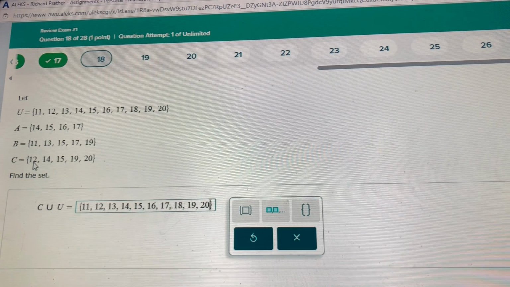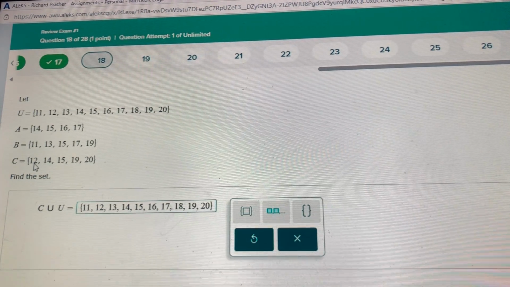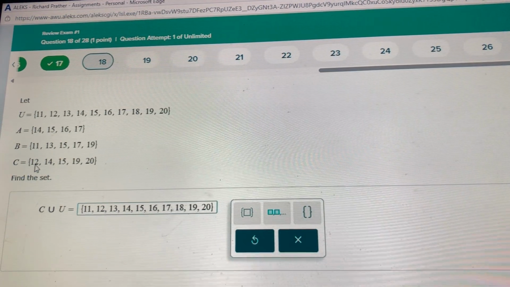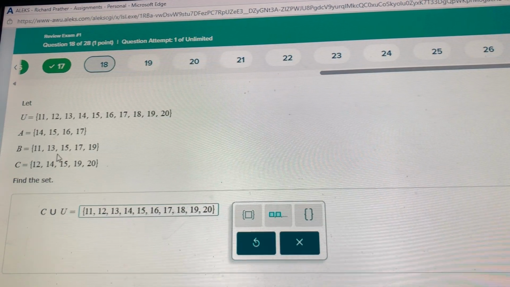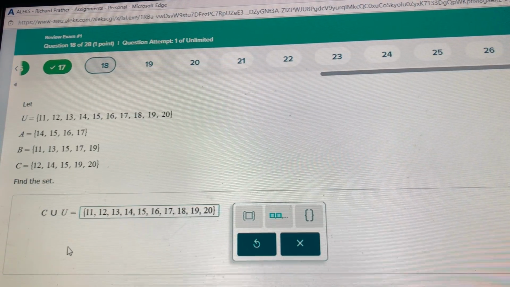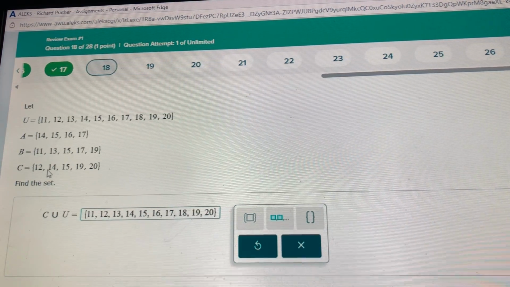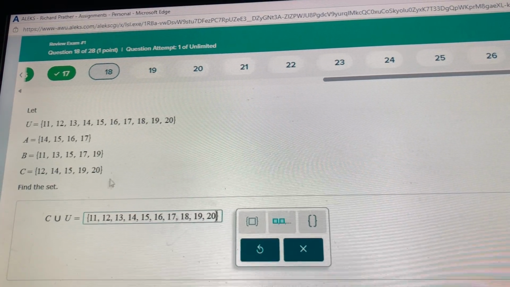Well, this is a kind of a special case because the universal set's already everything. So there's literally nothing in A, B, or C that's not already in the universal set. So neither A nor B nor C can ever contribute anything more than whatever the universal had. You can try, but the universal's already got 12. It's already got 14. It's already got 15. It's already got 19. It's already got 20. So C's not helping it anyway.